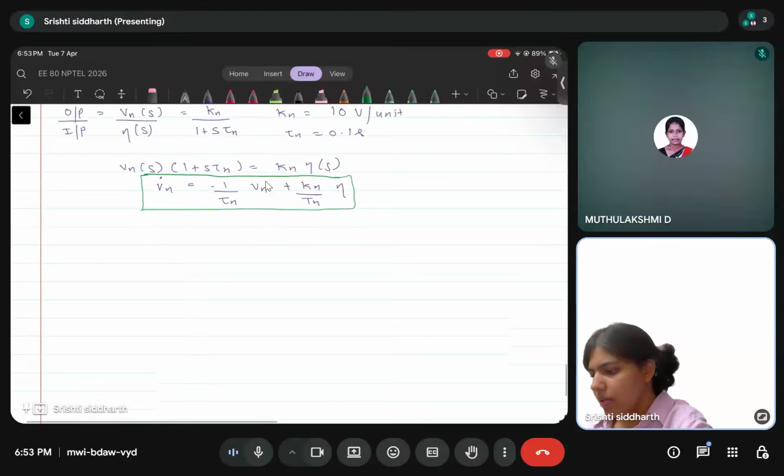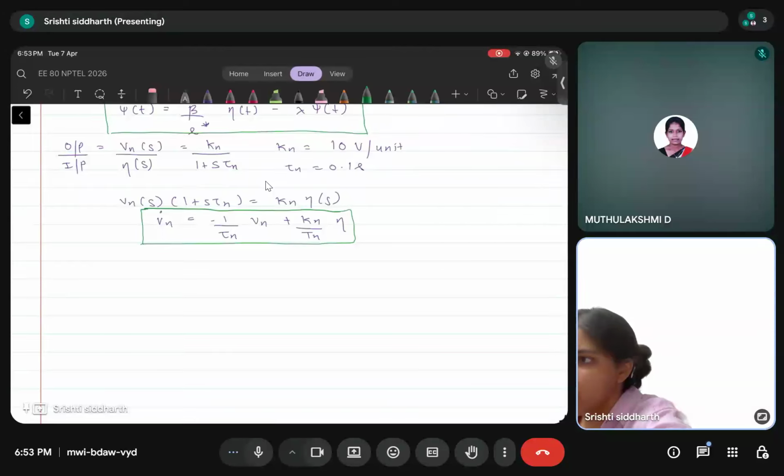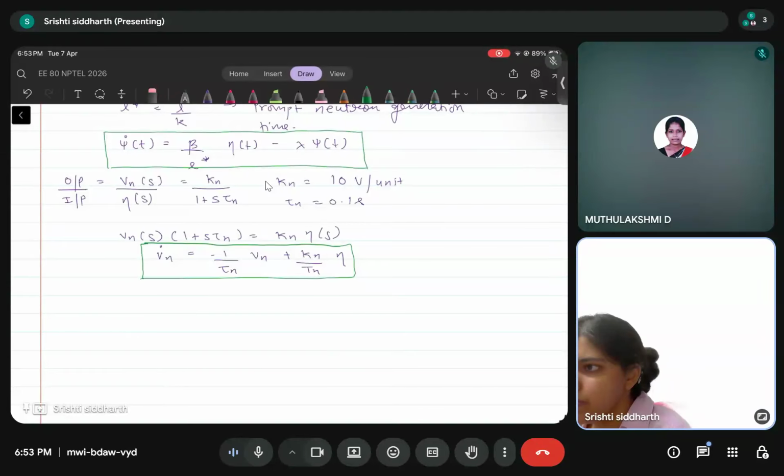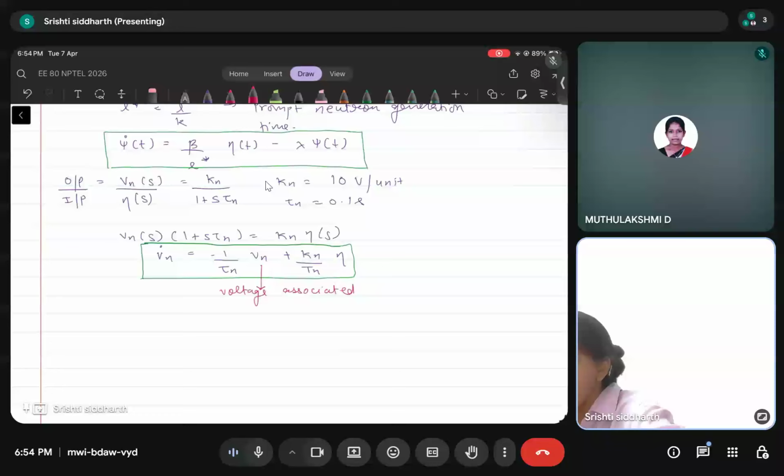Vn is the voltage associated with the neutron density.